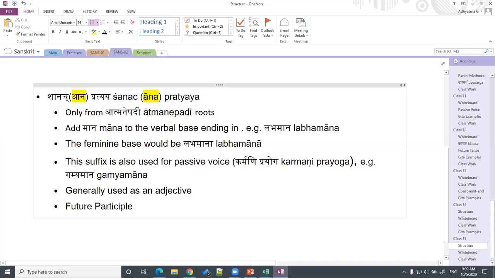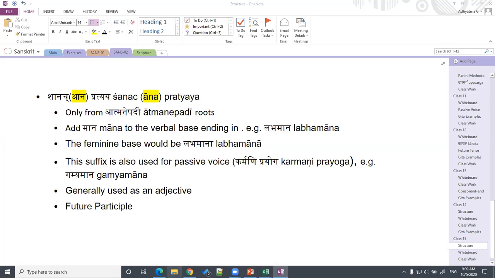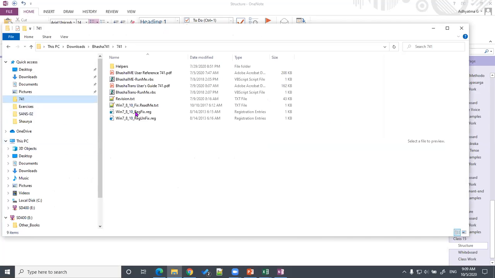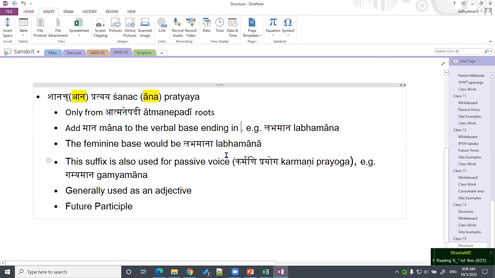And this pratyaya, even though it is ana, when the verbal base is ending in akara, then you add mana.